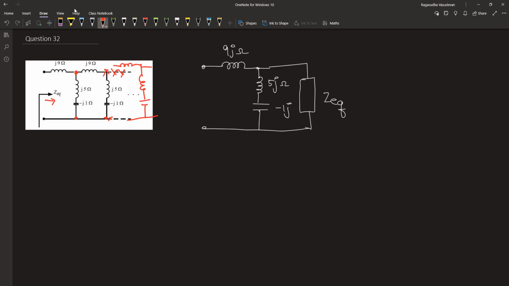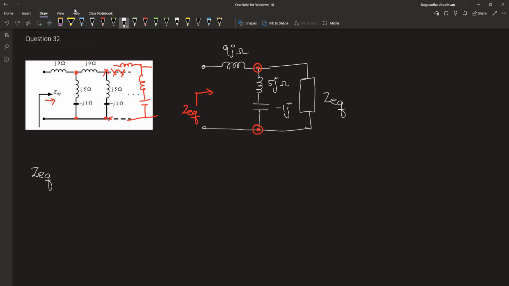So let us consider that this part is equal to ZEQ, and now let us find the value of the equivalent impedance from this perspective. By doing this, we are just increasing the loop branch by 1, but in the given problem it is said that this is an infinite ladder, so adding one more branch to this ladder will not affect the equivalent impedance.